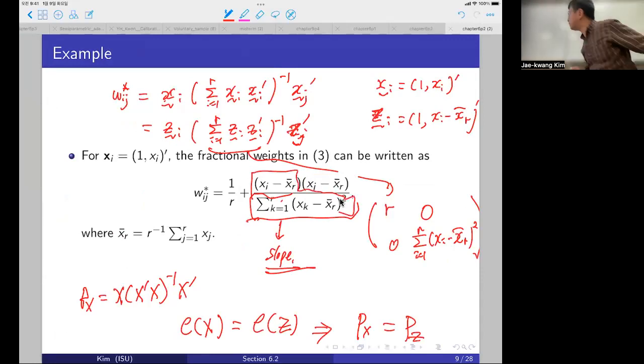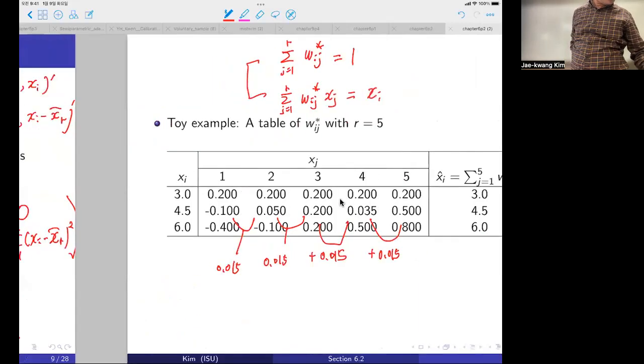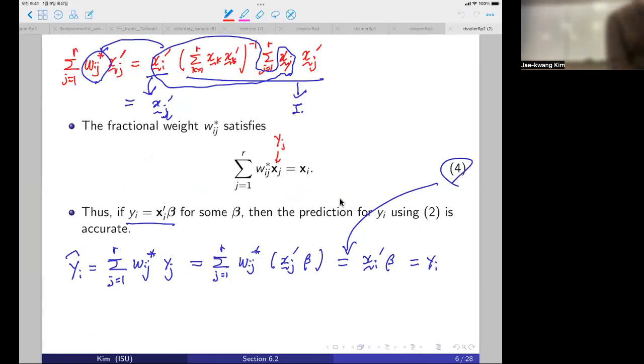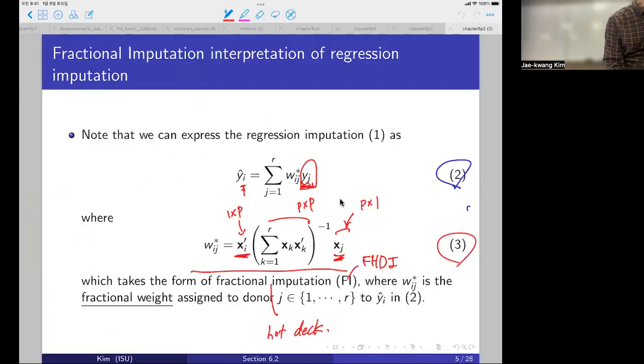This is your slope. And this is, right? You have 1, 2, 3, 4, 5. Okay. But this is just one set of the solution. It's not unique. This is one solution to this optimization problem.